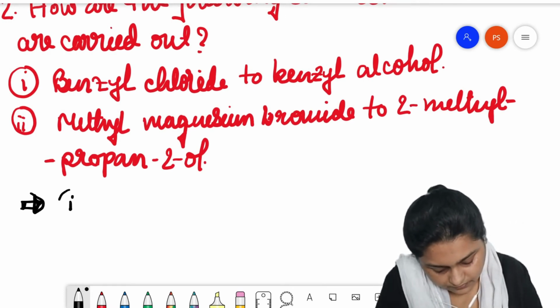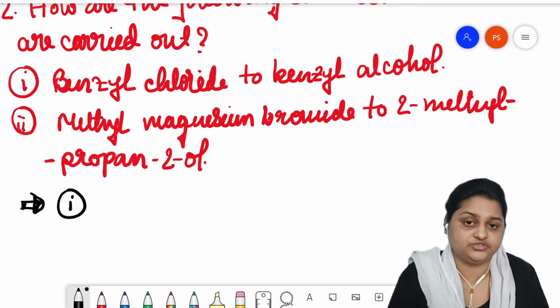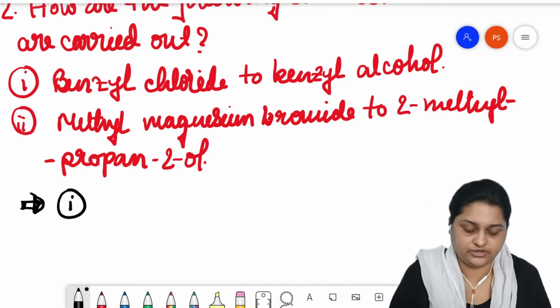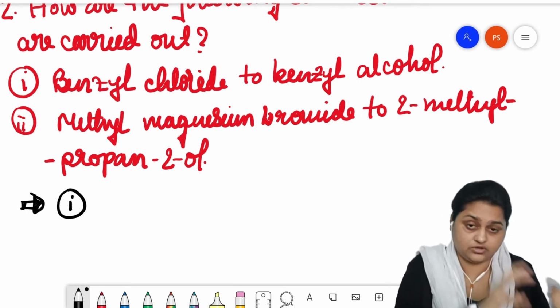The first thing in doing conversion is to draw the structures of the reactant and the product that we need to convert to.